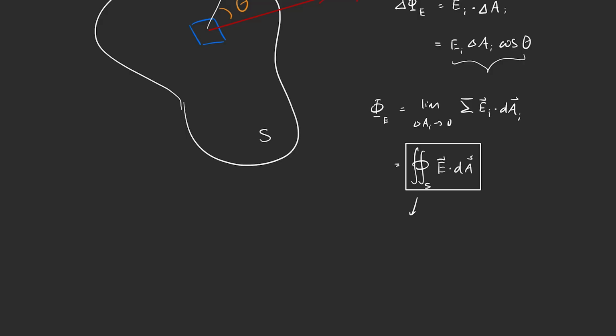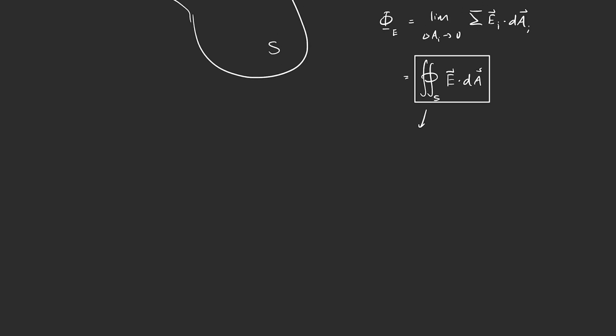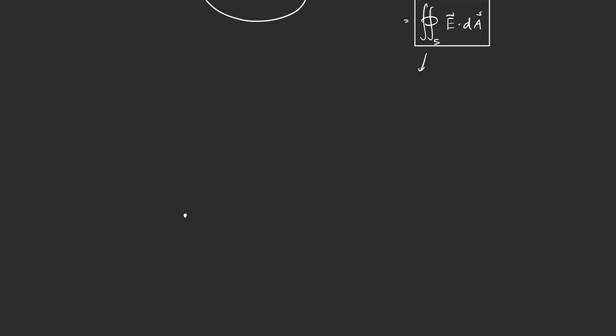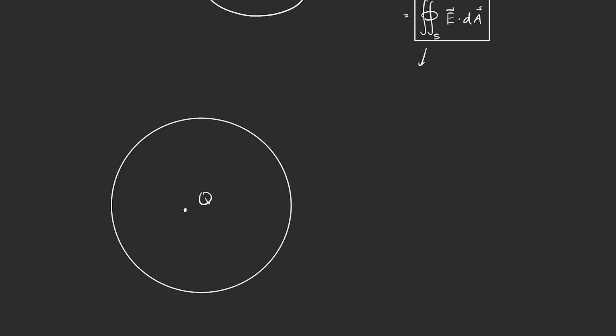And so now we can get into Gauss's law. So if we consider some point charge Q, and it is located at the center of a circle with radius r. Imagine that this r is constant everywhere.